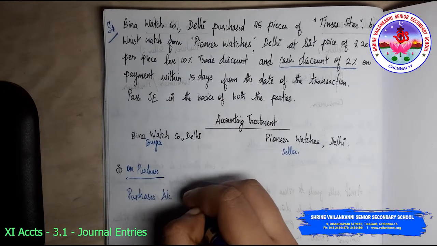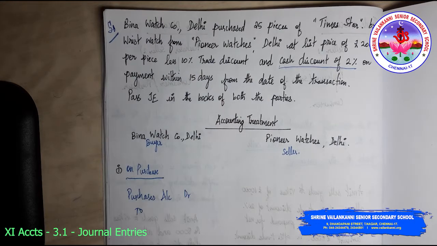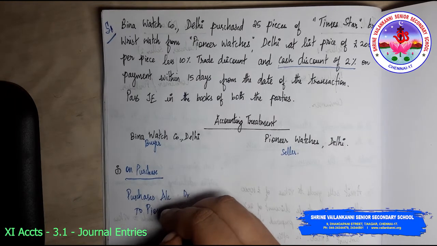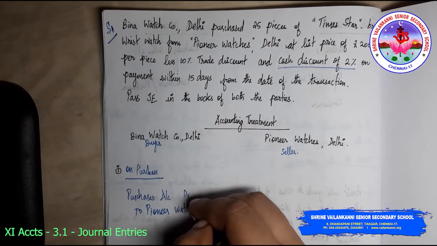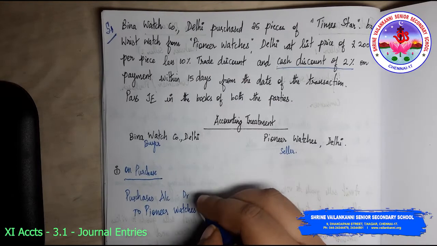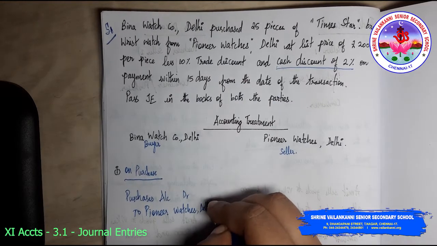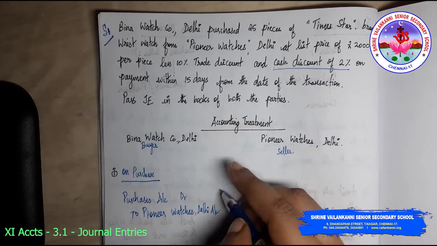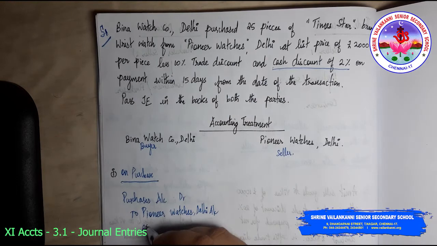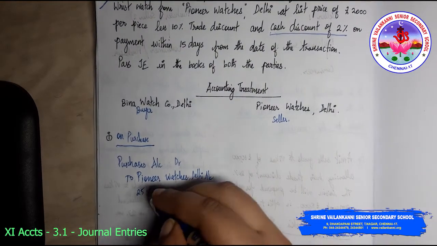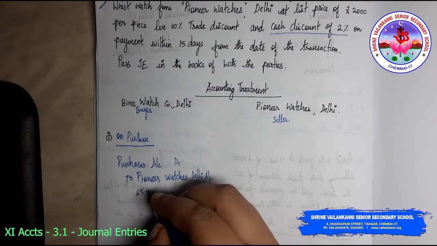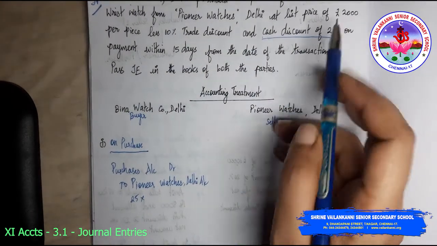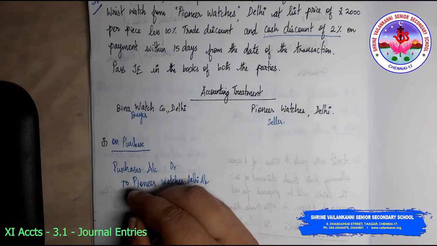Purchases account debit to whom do we have to pay? We have to pay to Pioneer Watches, Delhi. How much we need to pay? 25 watches into 2000 rupees per watch.